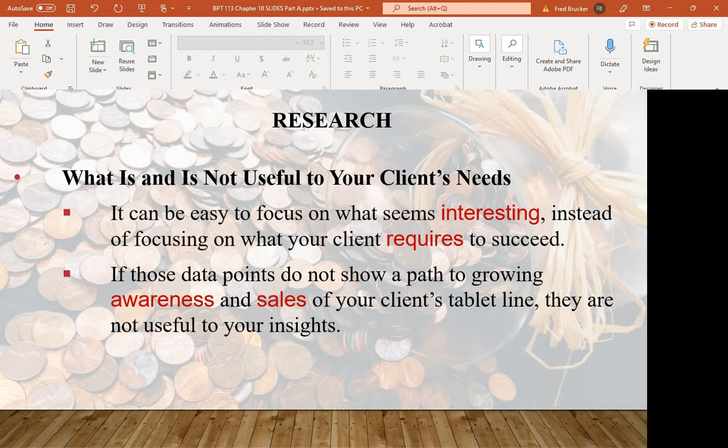But if they don't really answer the question, what's this going to do to improve the situation of the client, then it's superfluous information. It's not needed. If the data points do not show a path to growing awareness and growing sales of your client's tablet line, then they are not useful to your insights.